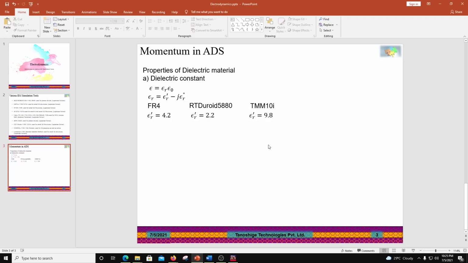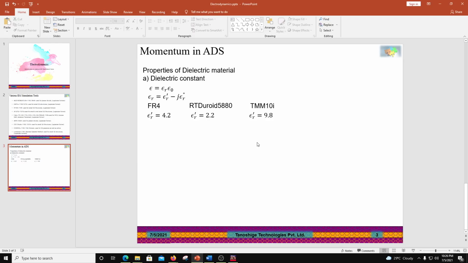Velocity is equal to wavelength times frequency, so wavelength is equal to velocity by frequency. That velocity is c in open space, but in a material it is c divided by the square root of mu r epsilon r. If epsilon r is higher than 1, the wavelengths are shorter in a high dielectric constant material.